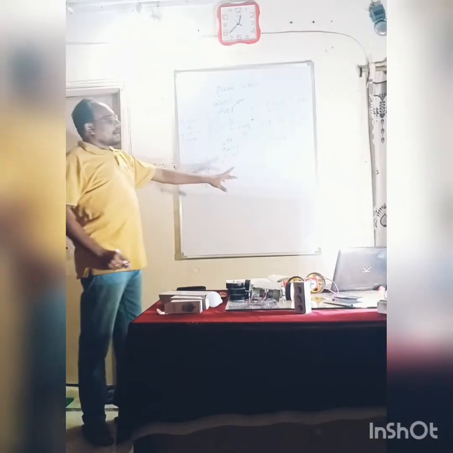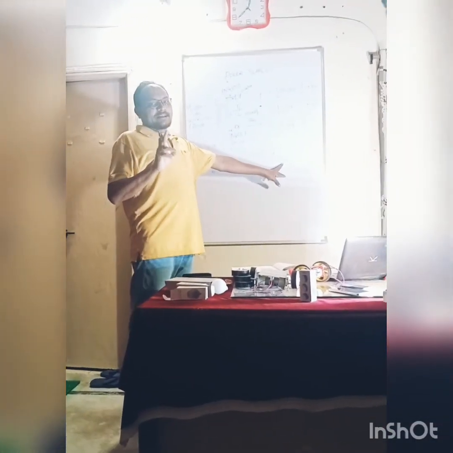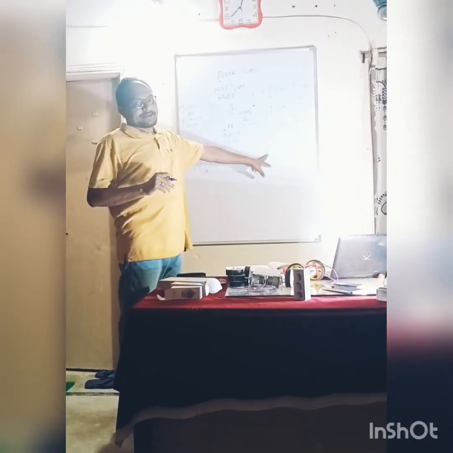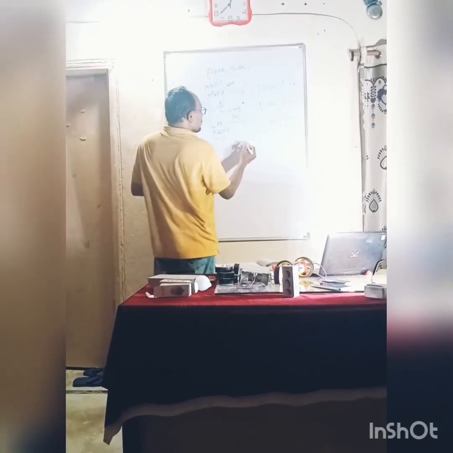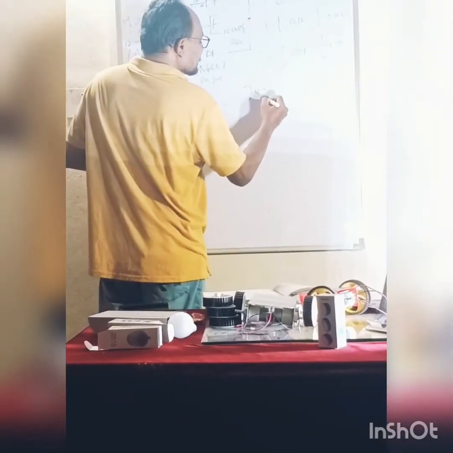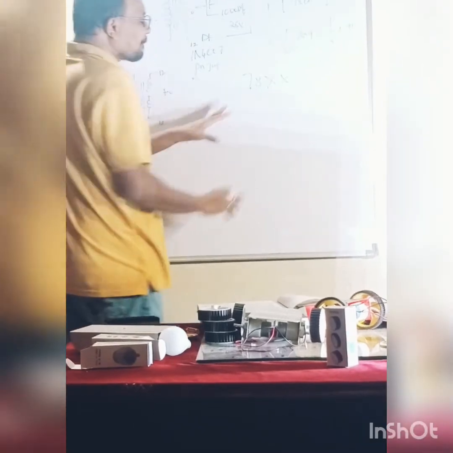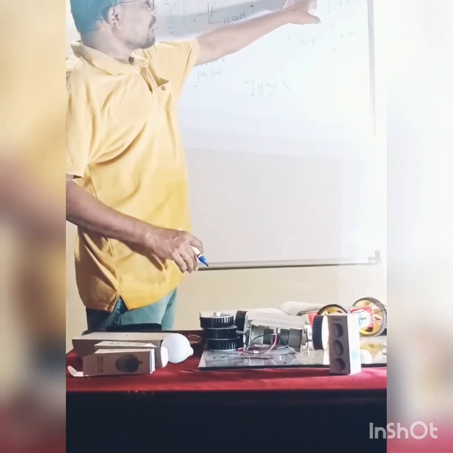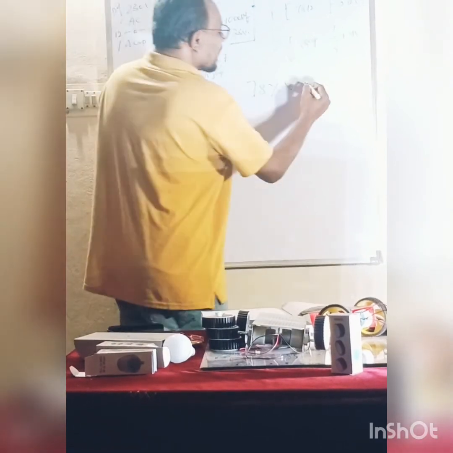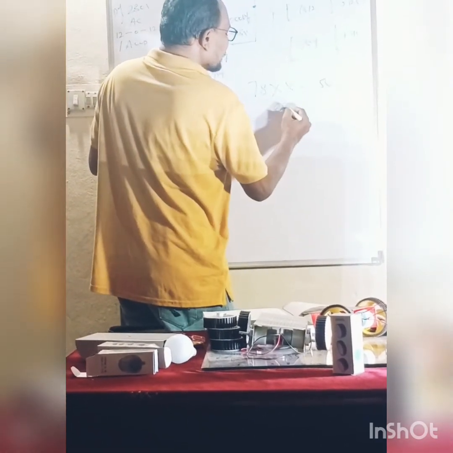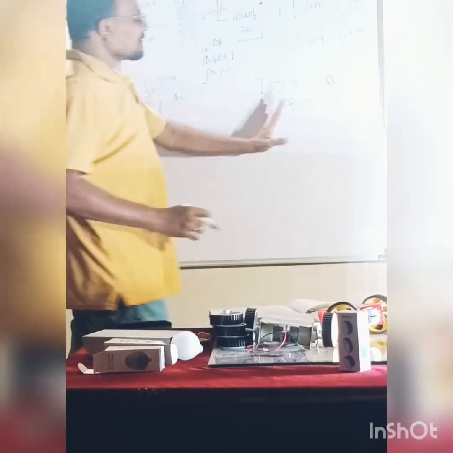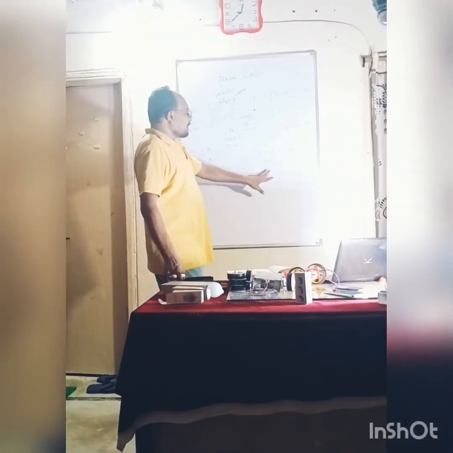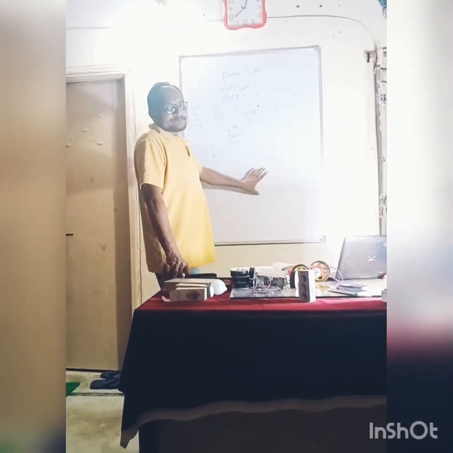I hope you learned in your regular classes about these regulators. We call them 78XX. 78 is some company code, we will leave it. These XX will be the voltage. If you find 05, it will be 5 volts. If it is 06, it will be 6 volts. So the last two digits show the voltage of that regulator.